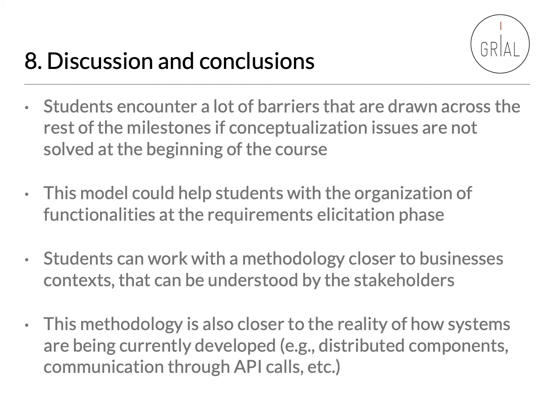The use of the C4 model helps students with the organization of functionalities at the requirements elicitation phase. Students can work with a methodology closer to business contexts that can be understood by the stakeholders. And also this methodology is closer to the reality of how systems are currently being developed.